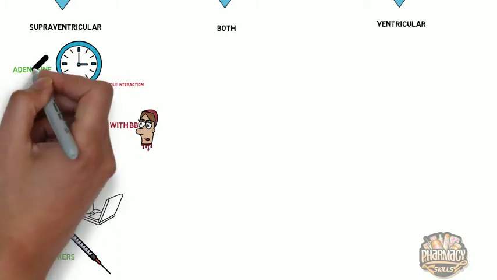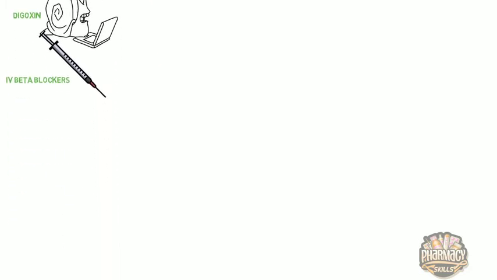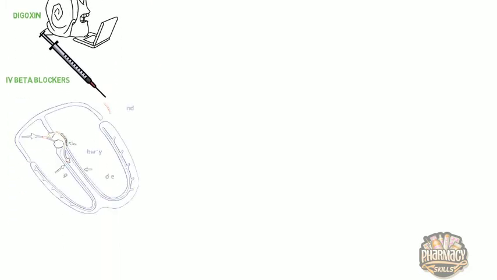It's important to note here that both adenosine and verapamil are contraindicated in conditions associated with something known as an accessory conducting pathway. For example, Wolff-Parkinson-White syndrome, which you've probably seen in the BNF.